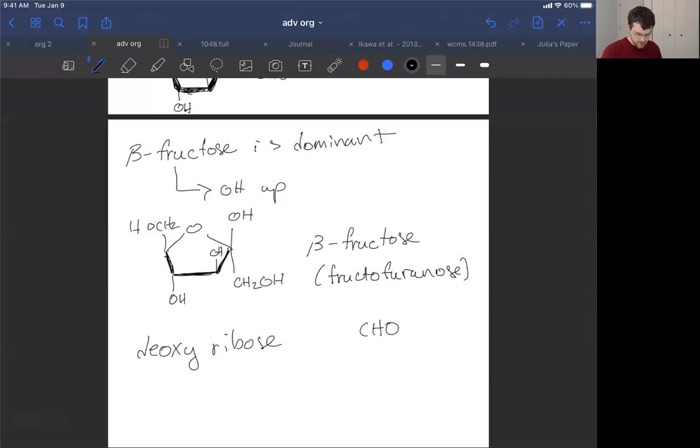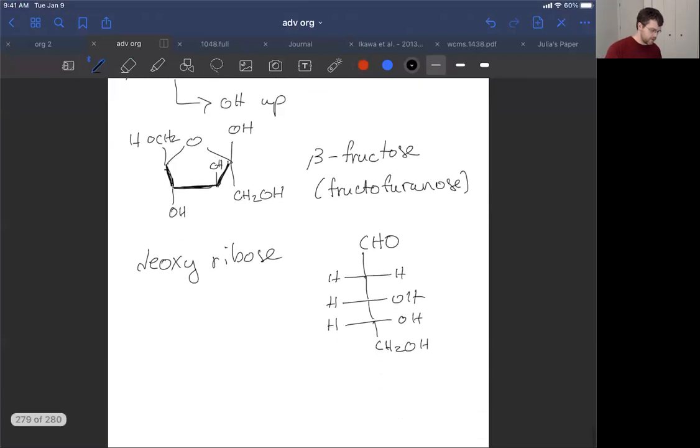Deoxyribose looks like this. OH, OH, CH2OH. So I'm showing the open form, and that's not a very popular form for ribose.